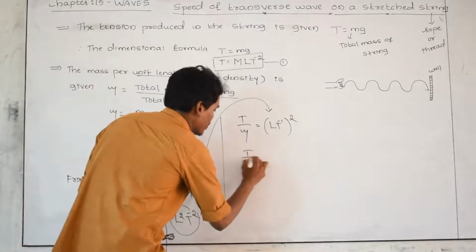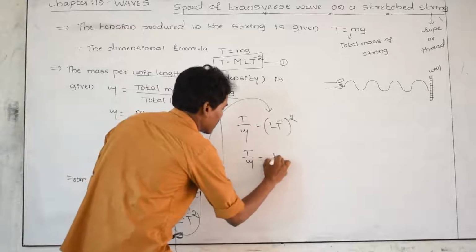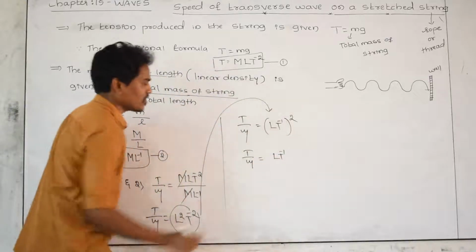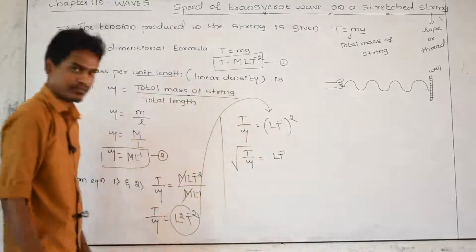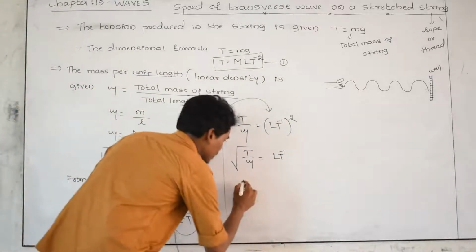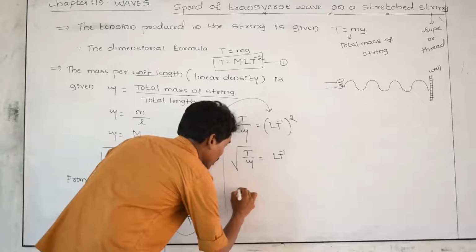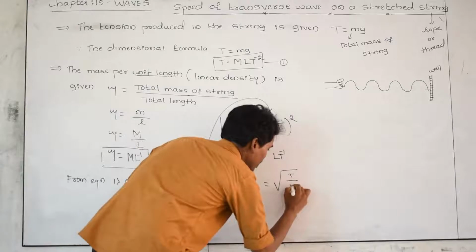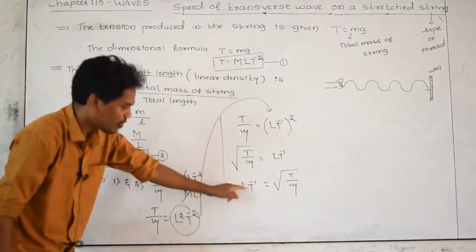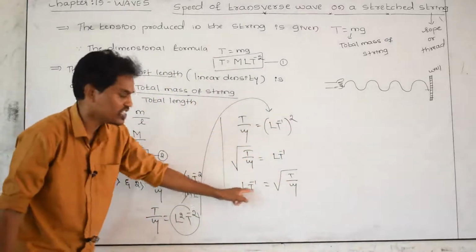And again T by mu is LT raised to minus 1 whole square. If you want to remove this power and make it a square root, then LT raised to minus 1 is equal to root of T by mu. And what is LT raised to minus 1? This is nothing but v.